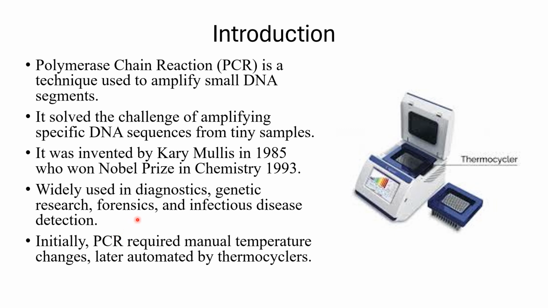PCR requires amplification of DNA at high temperature, and at the beginning, maintaining this high temperature was a challenge. However, with the invention of the automated thermocyclers, the PCR technology became much easier.